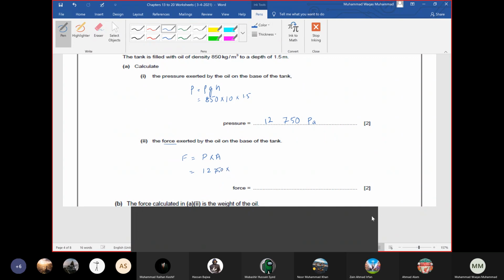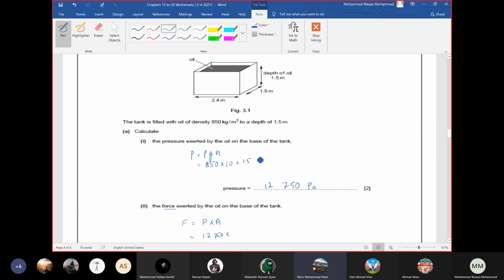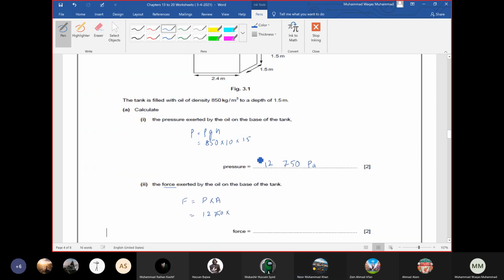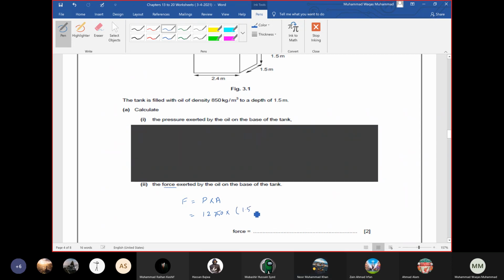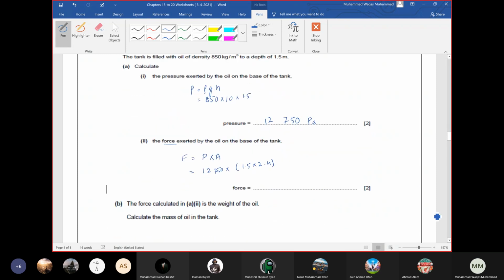The area of the base of the tank is given by length and width. We know the area of a rectangle is length times width, so 1.5 times 2.4. What will be the answer if you do this?